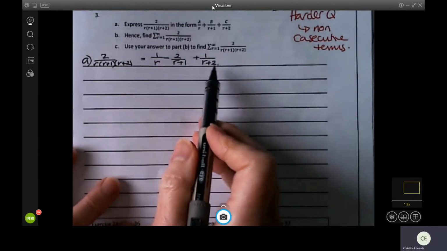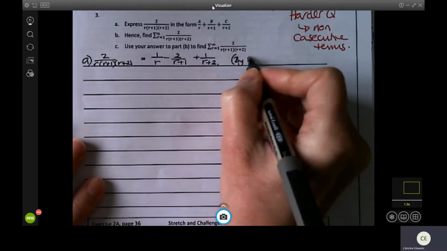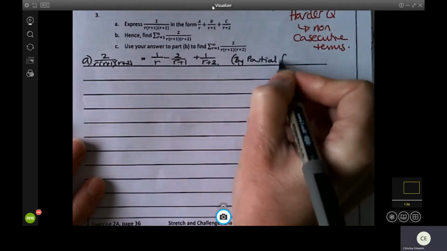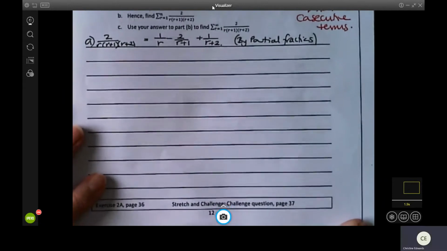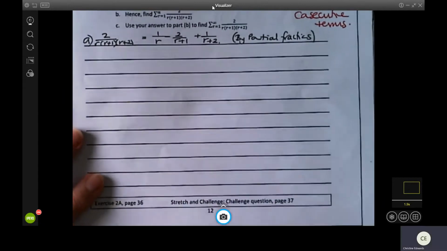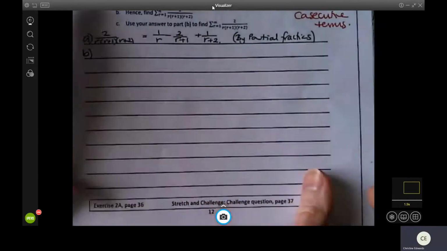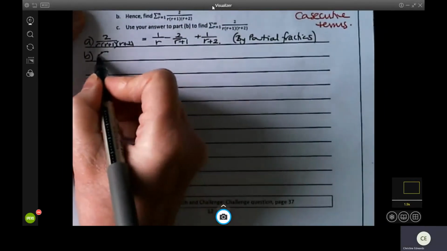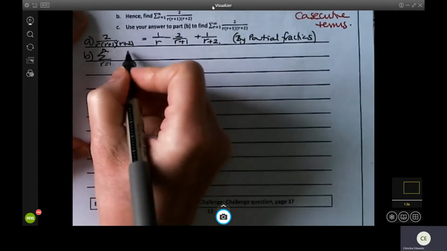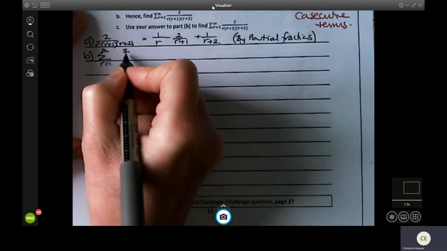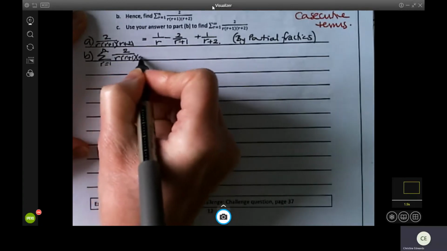So let's have a look at part B in detail. And that's obviously part A being produced by partial fractions. So part B. I'm being asked to come up with the sum from r equals 1 to n of 2 over r plus 1, r plus 2.